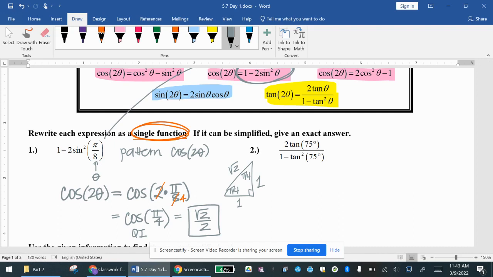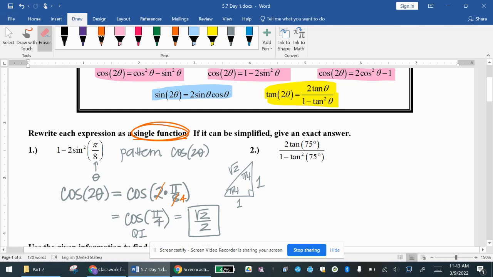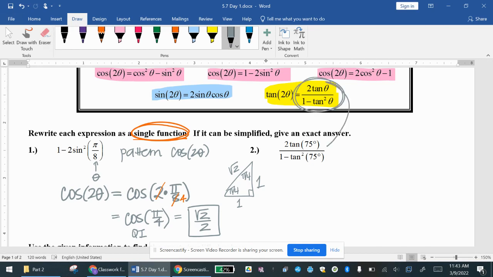As I look at the next one, 2 tangent of 75 over 1 minus tangent squared of 75 degrees, that looks like the pattern for tangent of a double angle. In this case, our theta is 75 degrees. So tangent of double that would be whatever 2 times 75 is.